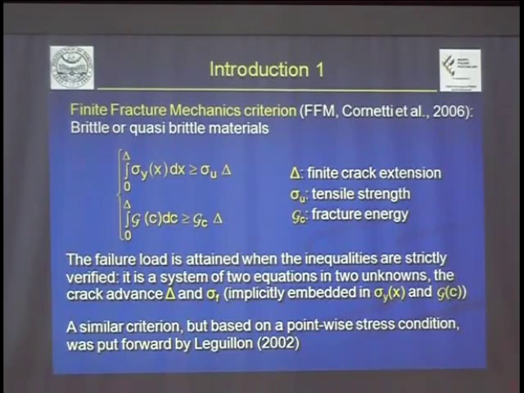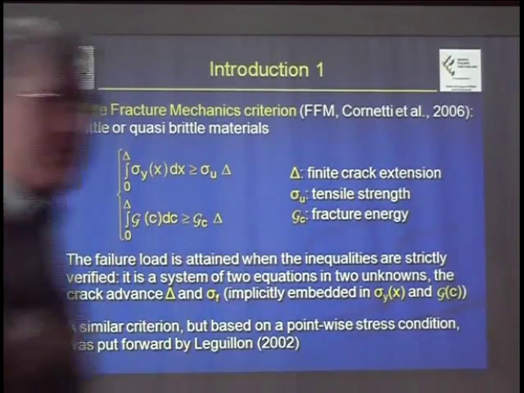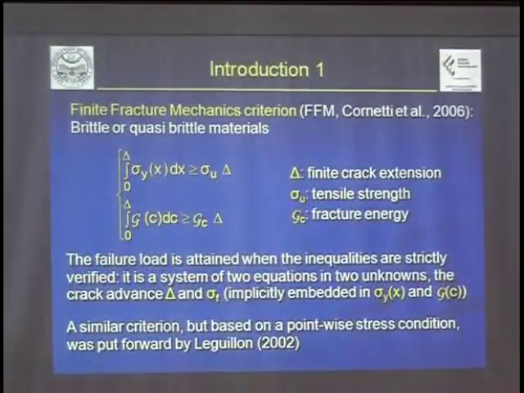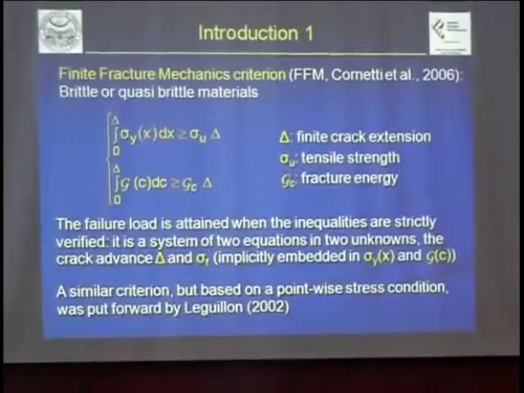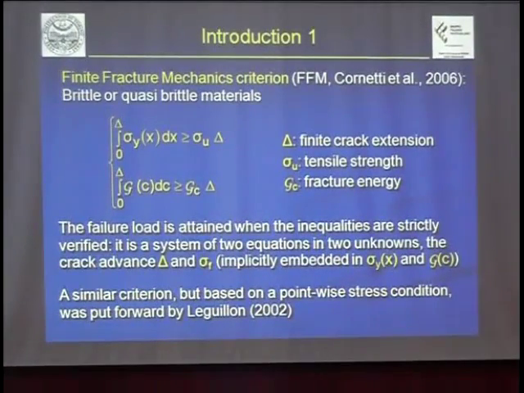So the system becomes a system of two equations in two unknowns: the crack advance delta and the failure load sigma f, which is implicitly embedded in the functions sigma y and g. From a physical point of view, we can say that fracture is energy driven, but a sufficiently high stress must act in order to trigger crack propagation.